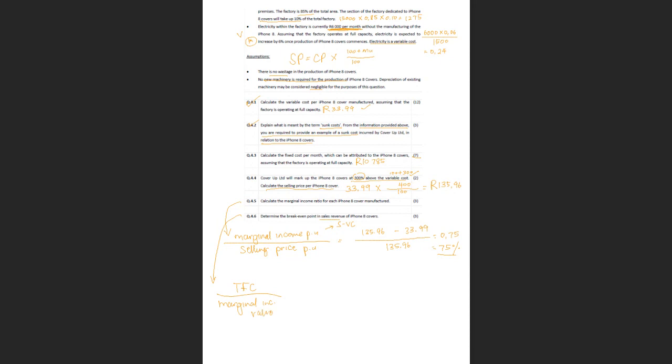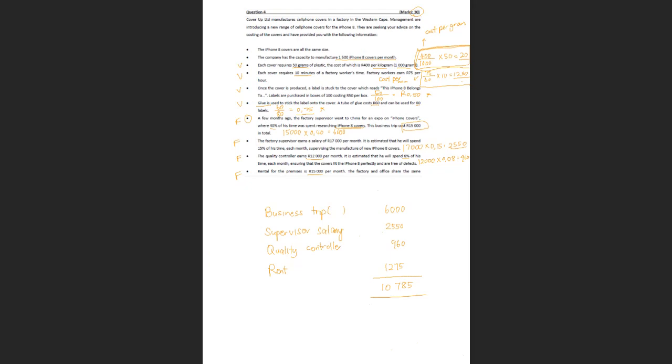So your marginal income ratio was already calculated in question 4.5, the one we just did now. So that denominator will be 0.75. And your total fixed cost, which is your numerator, we calculated on the previous page here, is 10,785. So this gives you an amount of 14,380 as your break-even in sales revenue.